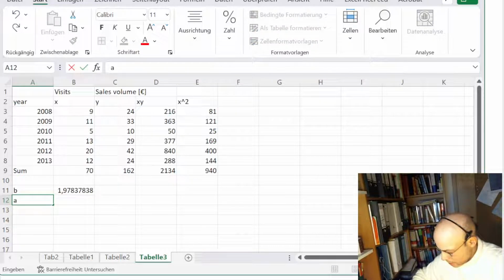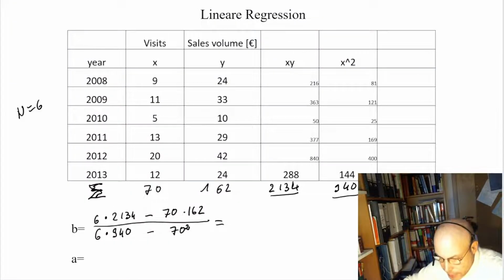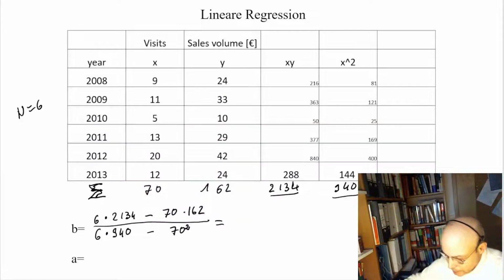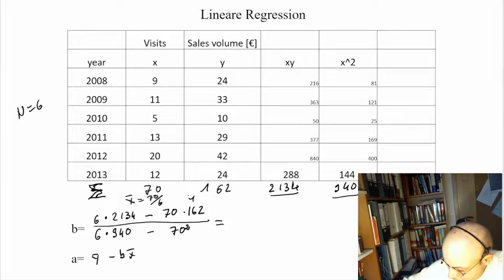And a, there we have this nice formula here, that we have y bar minus b x bar. So y bar minus b x bar, and x bar is of course 70 over 6, and y bar is 162 over 6.